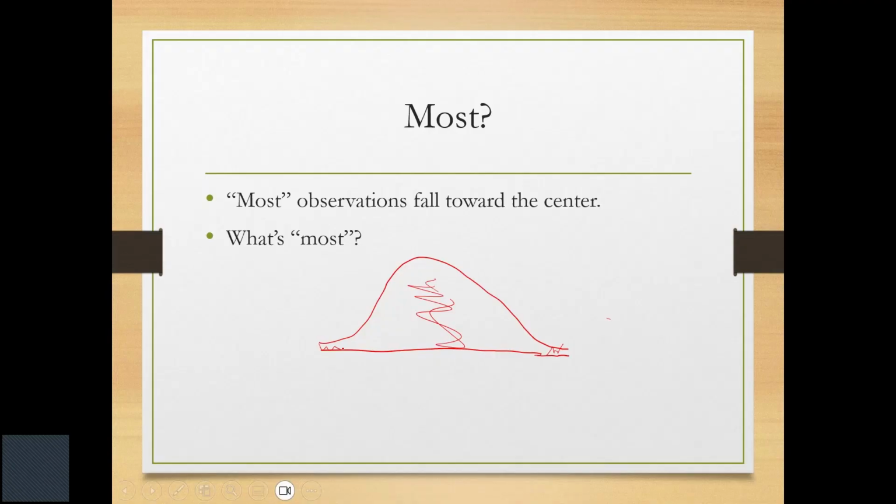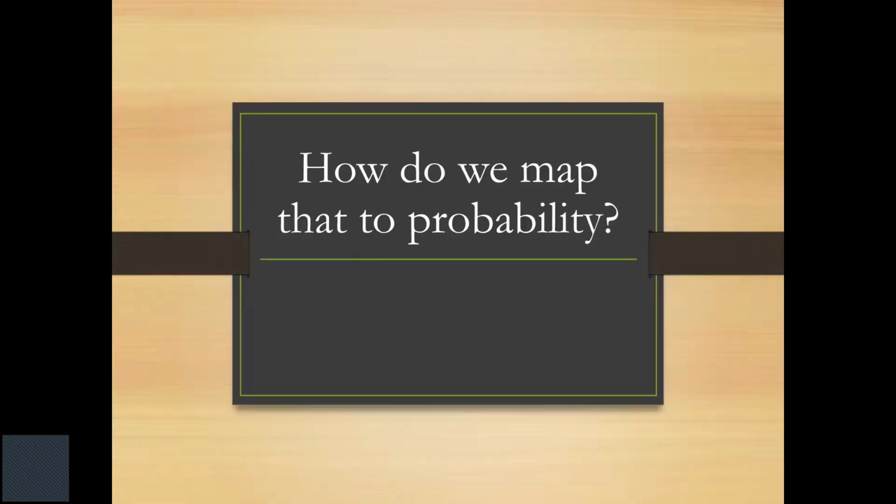And again, the word most is not sufficient for statistics. You might think, well, what does most mean? Does it mean 50%? Does it mean 80%? We're going to have a more precise definition. So we need to know how we can map this precisely to probability. And that's what's next.